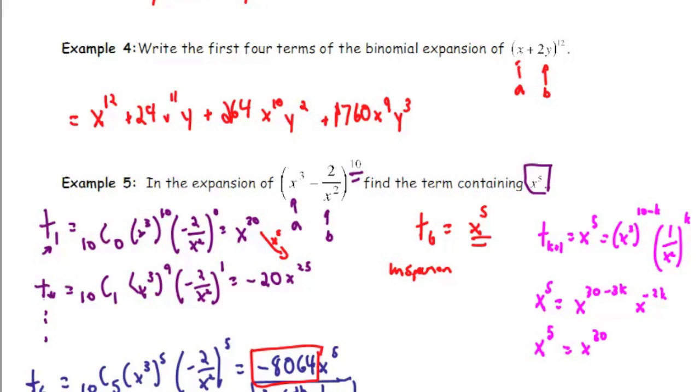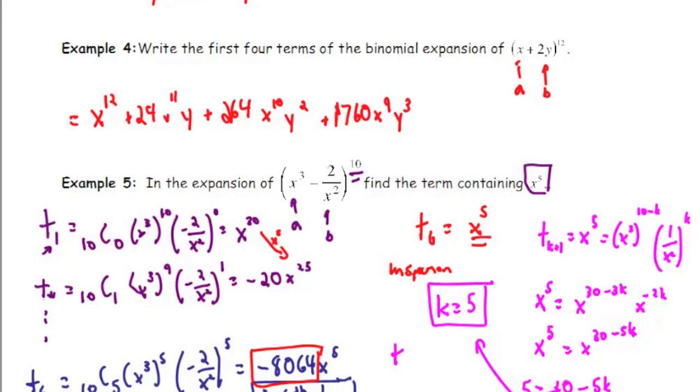Okay, well, we can use some power rules here, and we end up with x to the power of 5 is equal to x to the 30 minus 3k times x to the negative 2k. Okay, we can combine terms again. x to the 5 is equal to x to the 30 minus 5k.